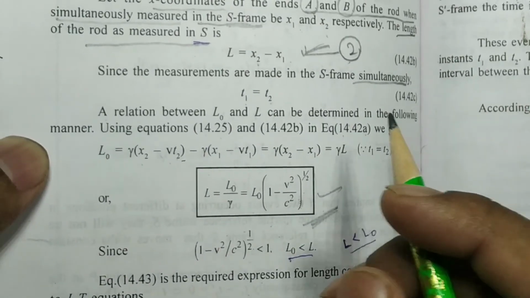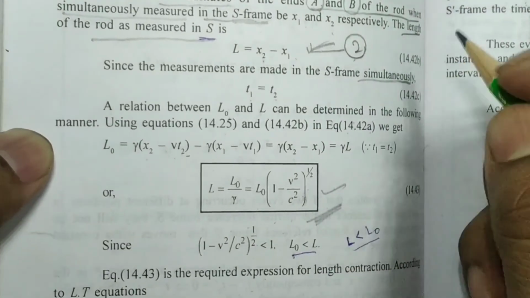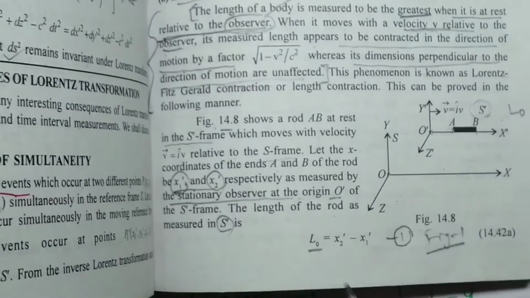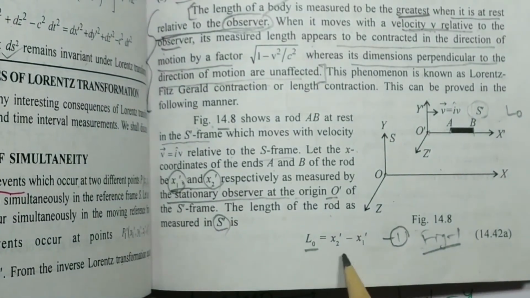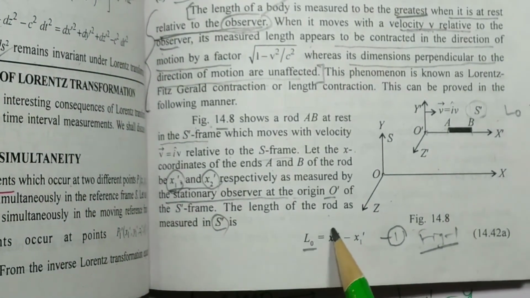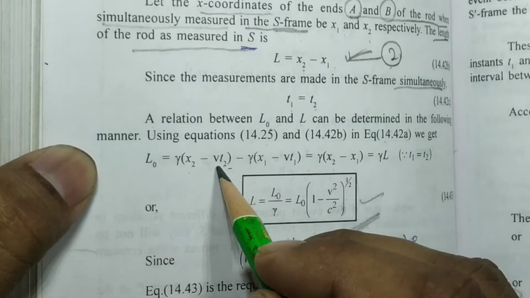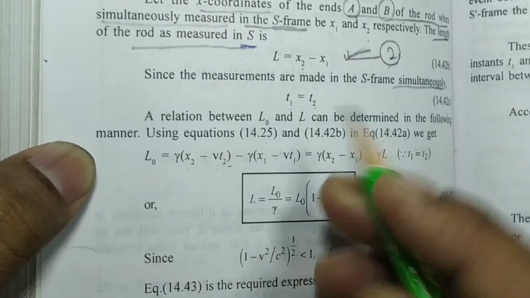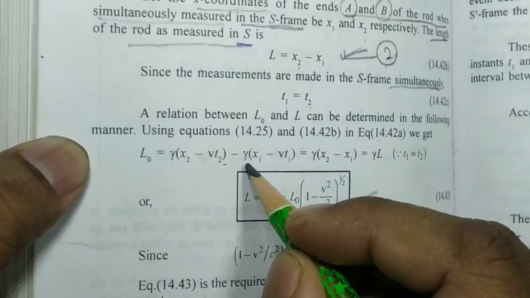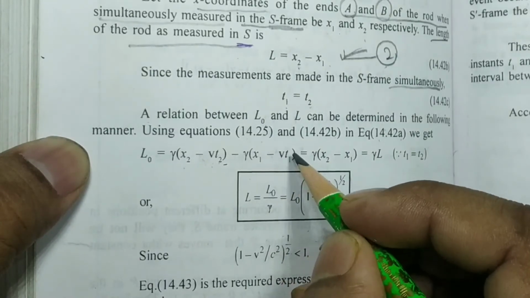So by using the Lorentz transformation equation for equation number 1, we can write x2 dash equal to gamma (x2 minus Vt2) minus x1 dash as gamma (x1 minus Vt1).